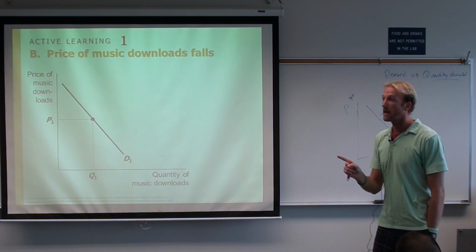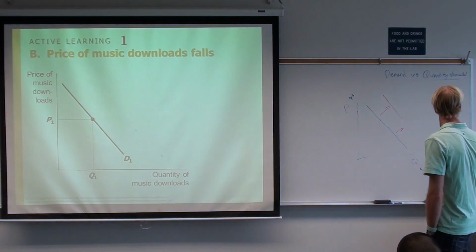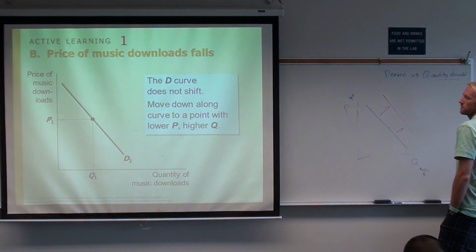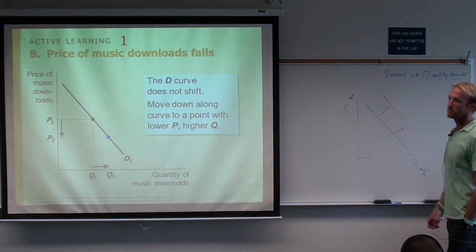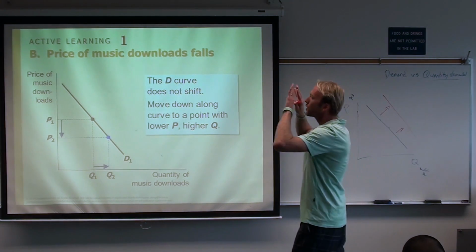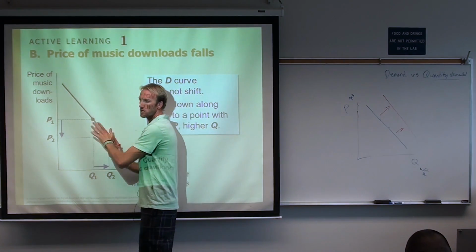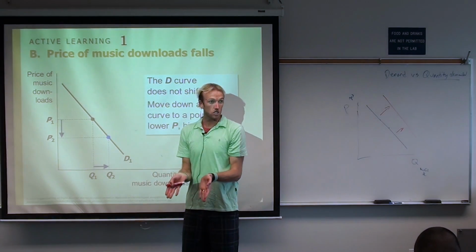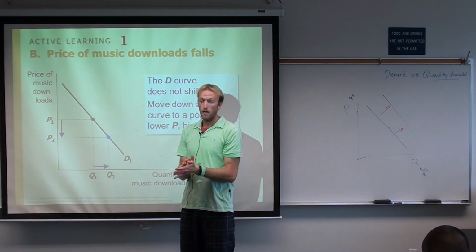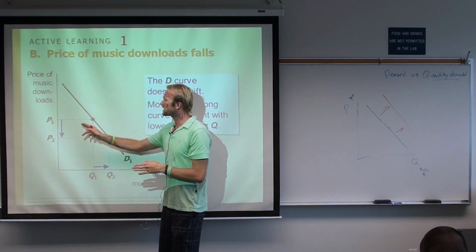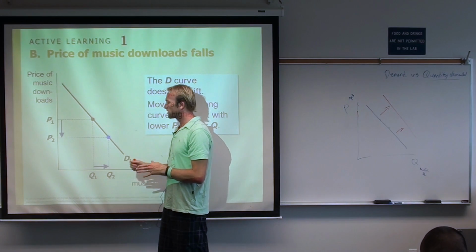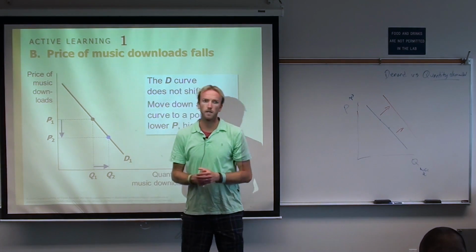And what is quantity demanded going to do? Increase, right? So demand itself does not change. The curve itself does not change. But quantity demanded does change, all right? Because the price point dropped and the quantity increased, OK?